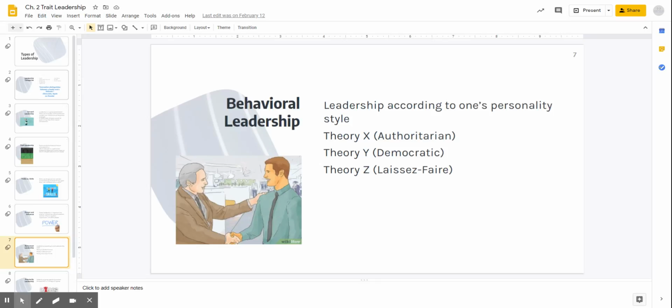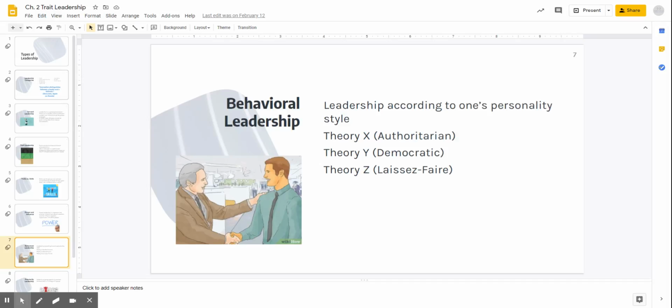In that hands-off setting, you will give advice when advice is needed, but you'll really let your group do what they need to do until you need to pull back and rein in and help guide a little bit more. So those are the three big leadership styles that you have, and everyone has different behavioral leadership.